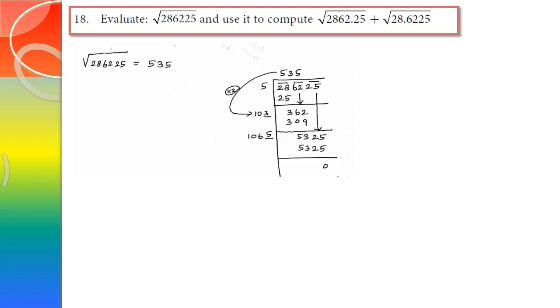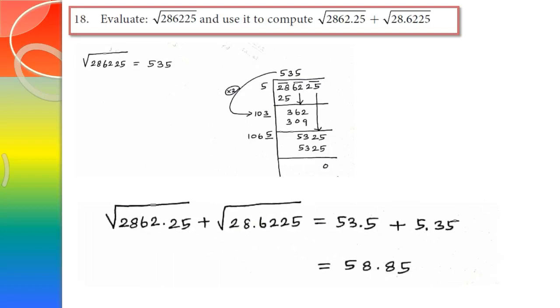Next, using the value 535, we compute the other values. For 2862.25, the answer is 53.5. The question has 0.25, that is 2 decimal places, so the answer gets 1 decimal place.